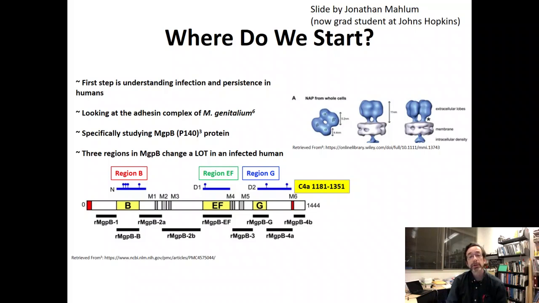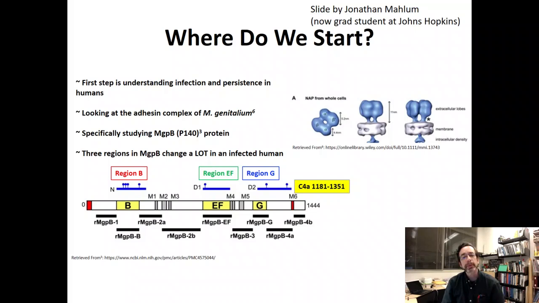It's a large protein complex made of two chains called MGPB and MGPC. Now, MGPB is shown here. It's the larger of the two, and it has these genetic regions that they could find when they could just look at the genes and see what varied when you have this infection persisting over time.